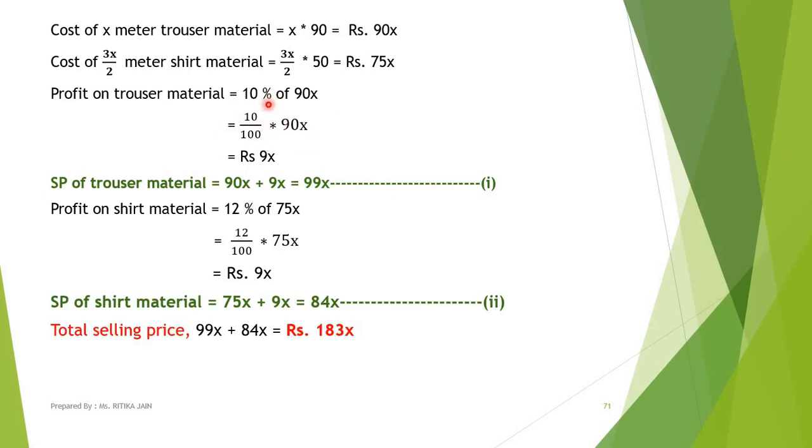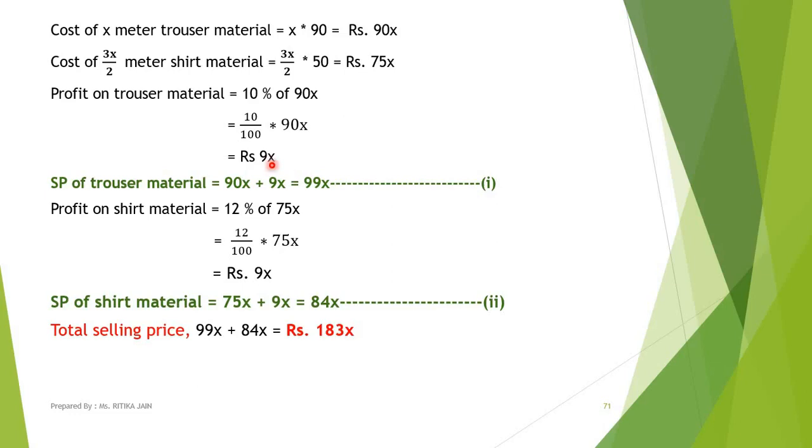Whenever percent is related to any number, it means the number is being divided by 100. So we will replace 10% by 10 upon 100 and into 90x. So it will give you 9x. So 9x is the amount of profit.